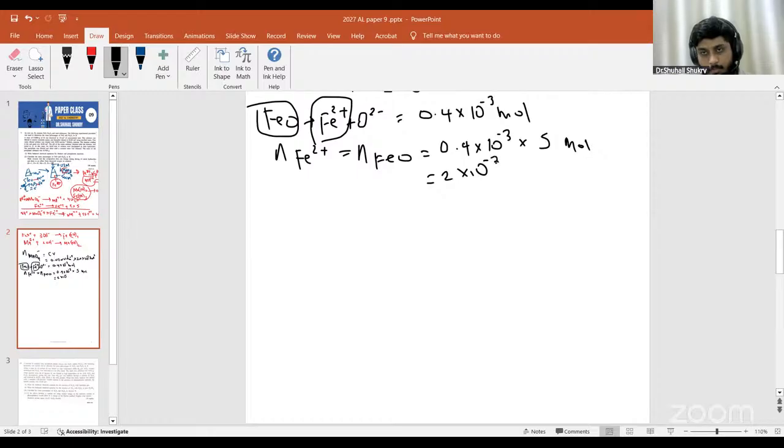If you know the FeO moles, you can get the molar mass of FeO. Molar mass of FeO will be iron 56, oxygen 16, so 72 grams per mole.